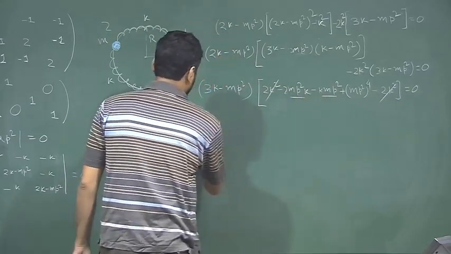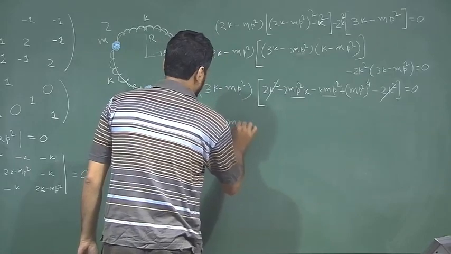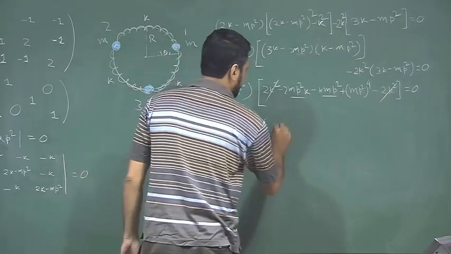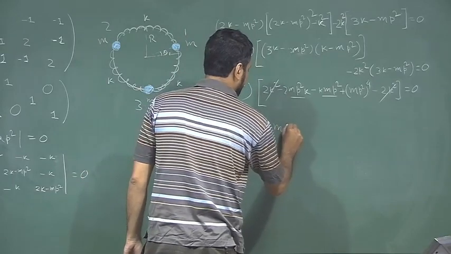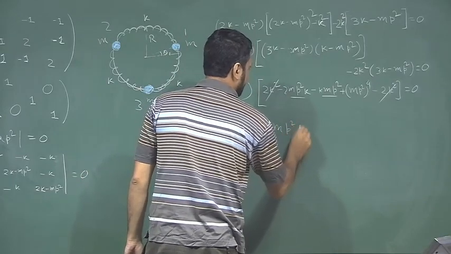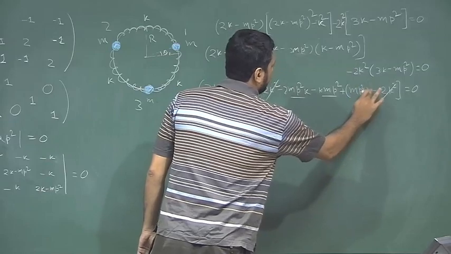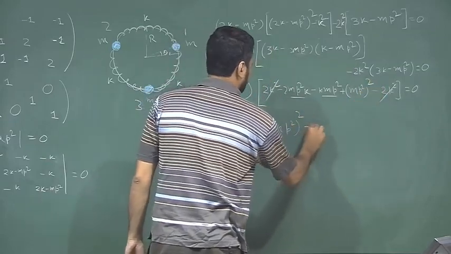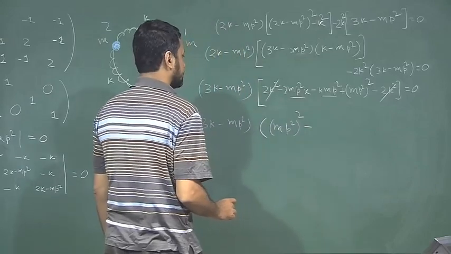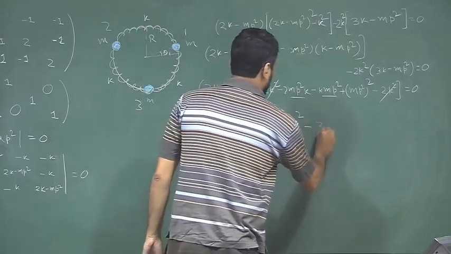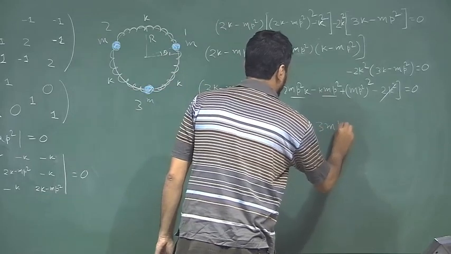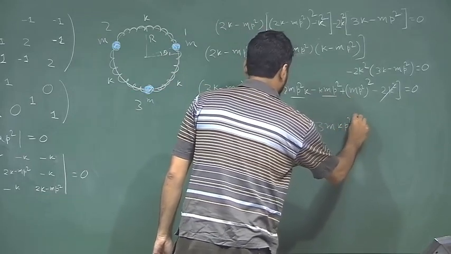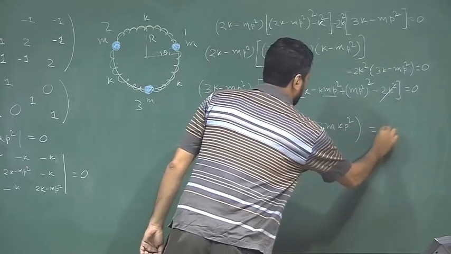So, this will give you 3 k m p square, and it will be m p square whole square, not to the power 4 whole square, minus 3 m k p square, equal to 0.